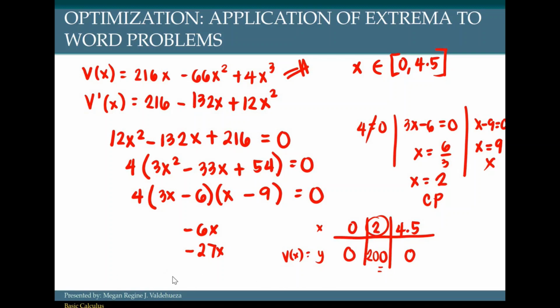So the value of x is equal to 2 according to the table, and the maximum volume is V of 2 equal to 200 cubic centimeters. So this is the volume of the box, and that is attained when x is equal to 2.